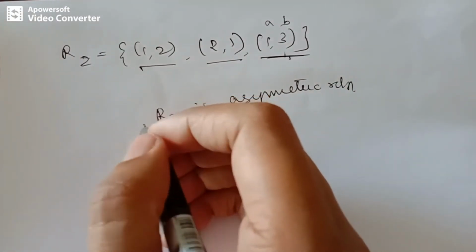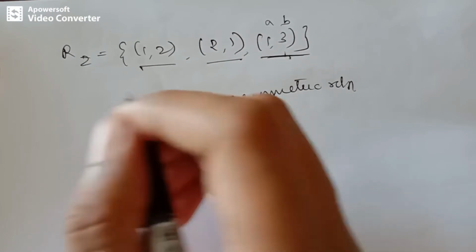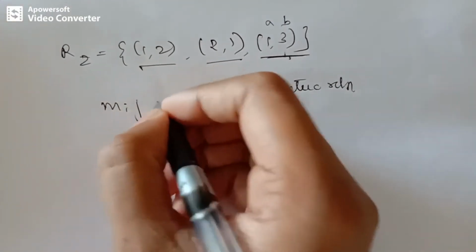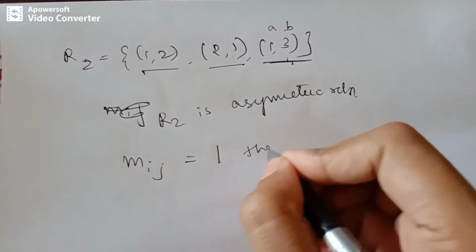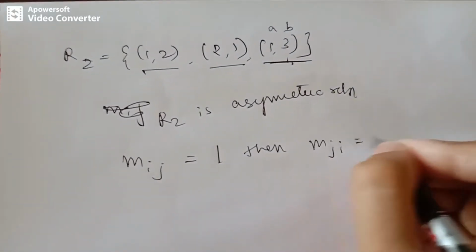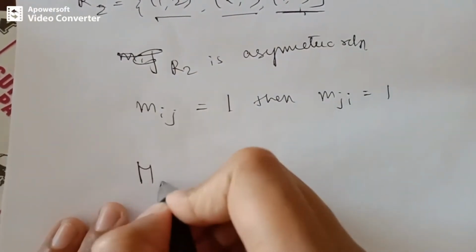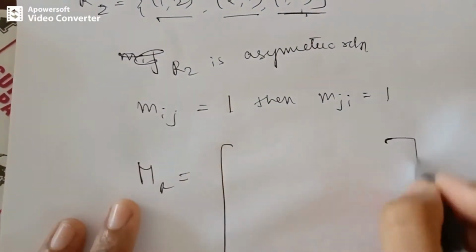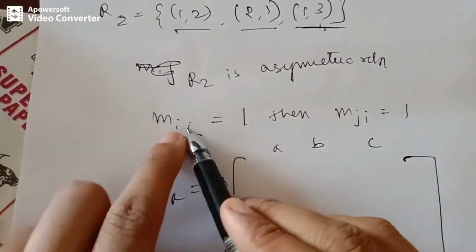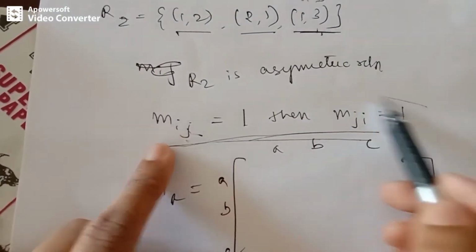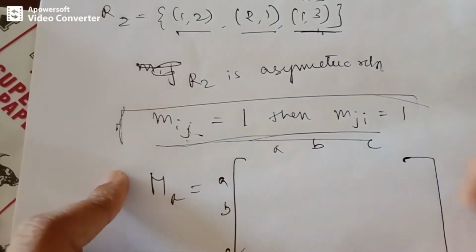In case of symmetric relation, the following property holds: if Mij is equal to 1, then Mji is equal to 1. That means, if I write the matrix of the relation R, this is a property in case of a symmetric relation.